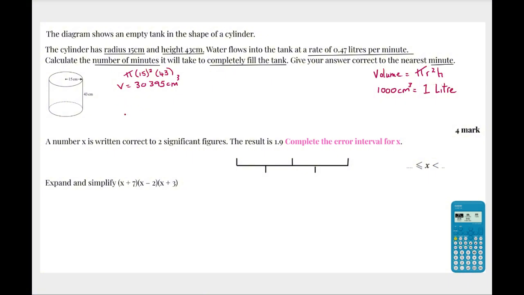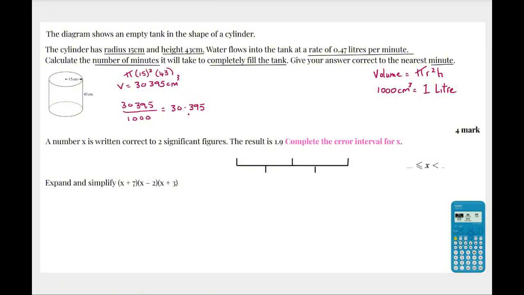If you pop in your calculator 30,395, you're going to divide it by 1,000. You will then get 30.39 litres.